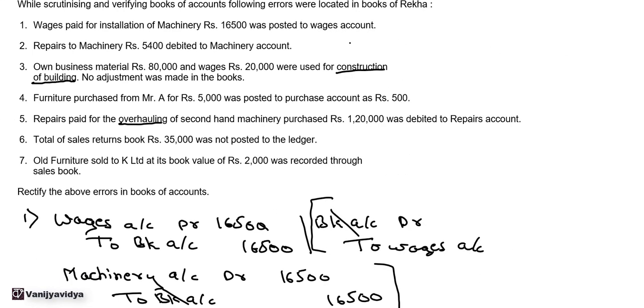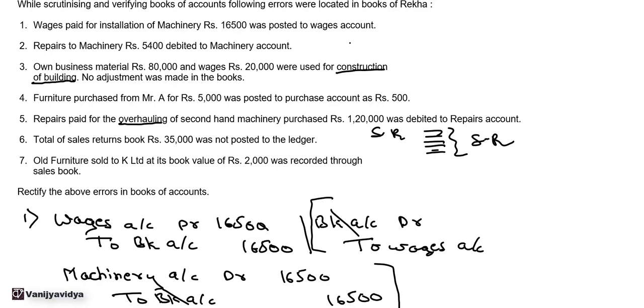Total of sales return book rupees 35,000 was not posted to the ledger. So what happens is the sales return book. So in this case there is a sales return book. So all the sales returns are recorded in the book, and then the total is periodically transferred to the sales return ledger account.